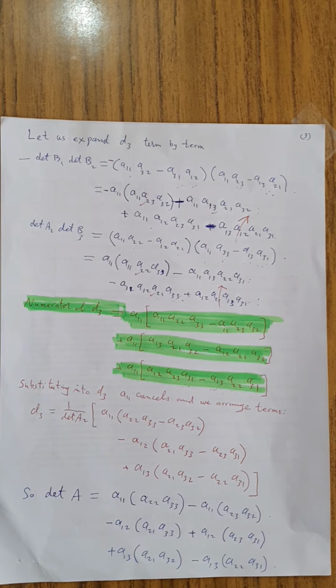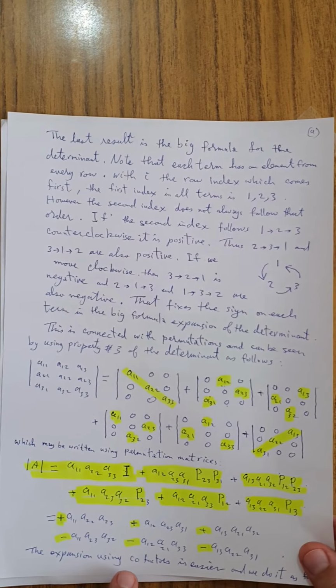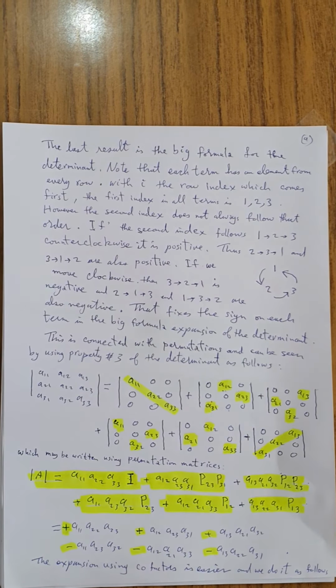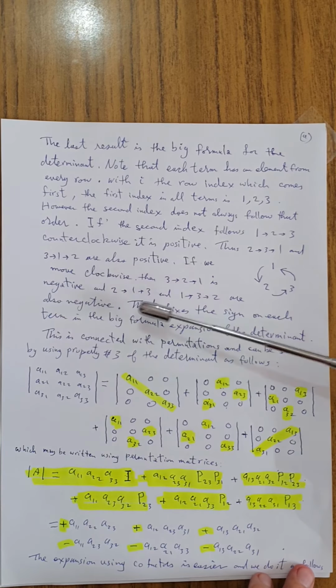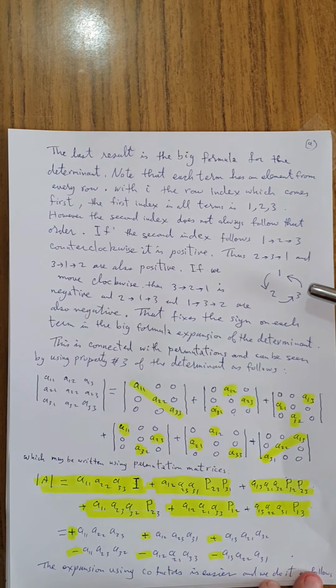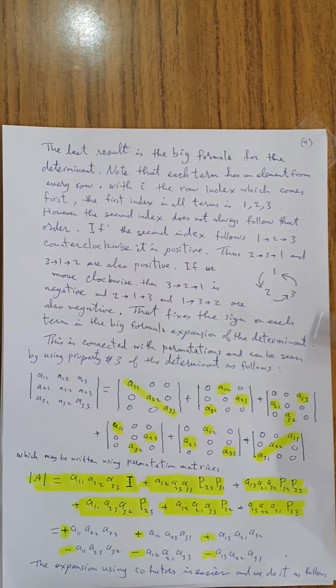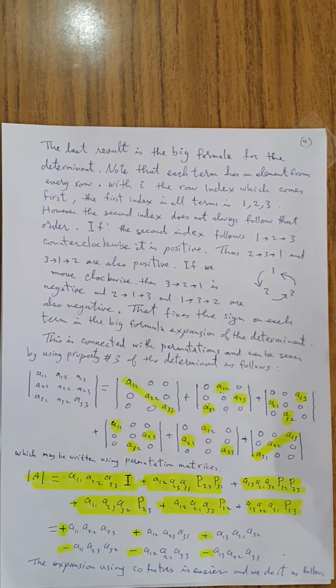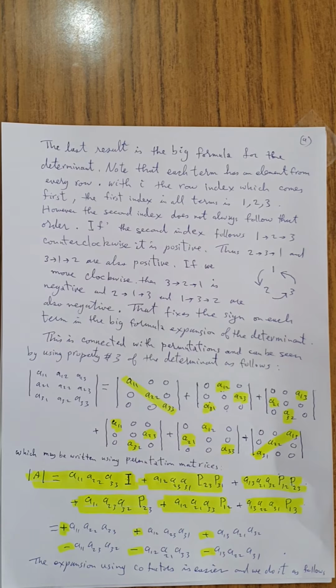Thus 2, 3, 1 and 3, 1, 2 are also positive. The negative terms had the order in a clockwise fashion, 1, 3, 2 or 2, 1, 3 or 3, 2, 1, and the sign is negative. That fixes the sign on each term in the big formula, the expansion of the determinant.